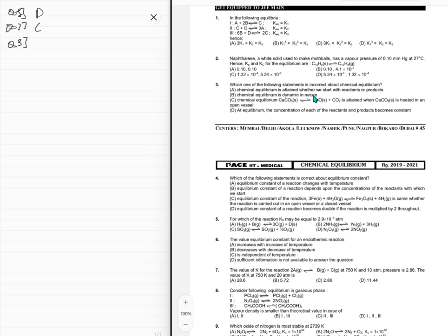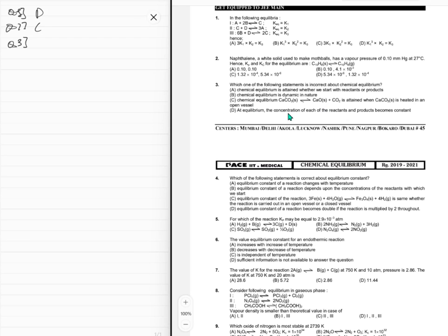Which one of the following statements is incorrect about chemical equilibrium? Chemical equilibrium is attained whether we start with reactants or products. That's correct. Dynamic nature, yes, that's correct. This equilibrium is attained when this is heated in an open vessel. Open vessel, no, that's wrong, because then CO2 will just fly away and its actual concentration in the atmosphere is very small.